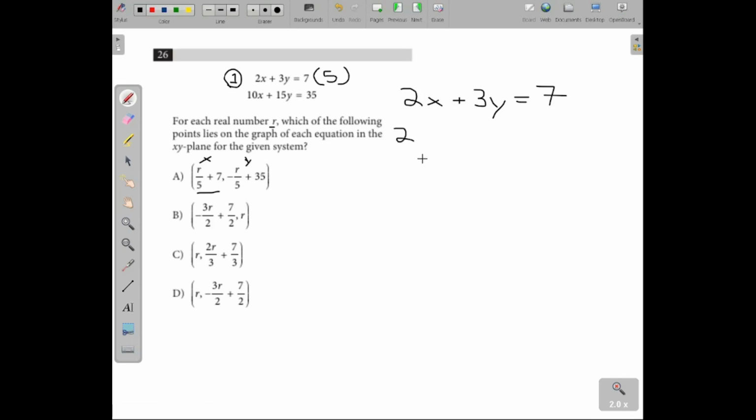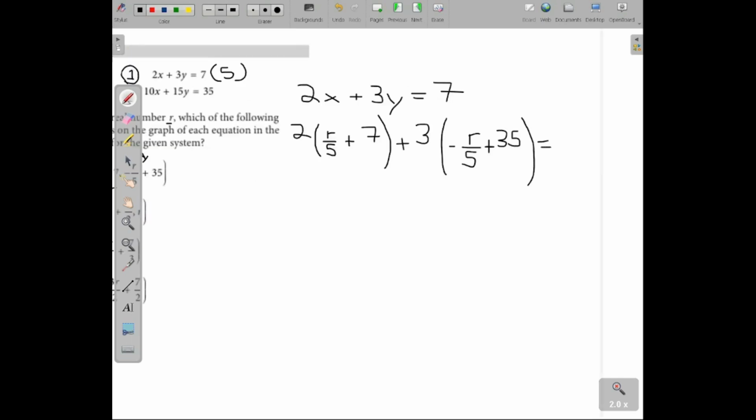Let's start. 2 times the value of x, x is equal to r divided by 5 plus 7, plus 3 times y, and we know that y is equal to negative r divided by 5 plus 35, equal to 7.